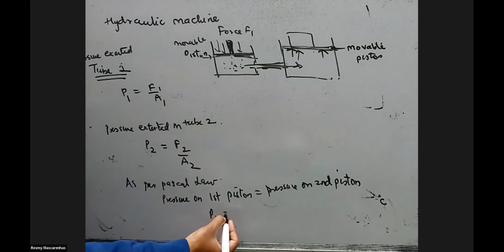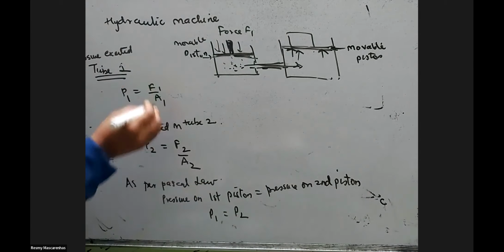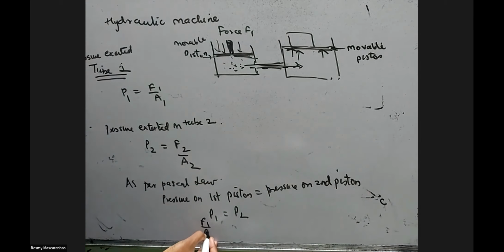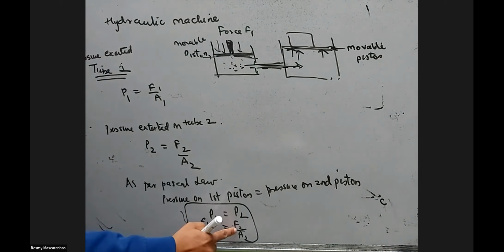That means P1 equals P2. So as per that, F1 upon A1 equals F2 upon A2. So this equation you'll have to know later to solve problems also. And if you want to calculate F2, bring everything on this side.